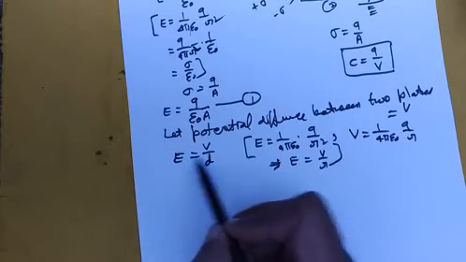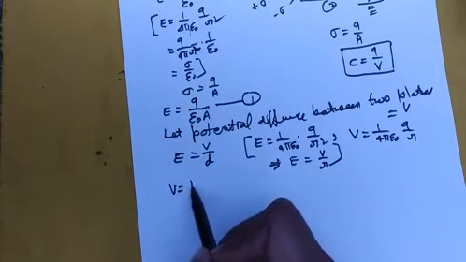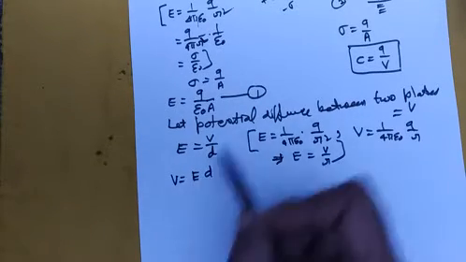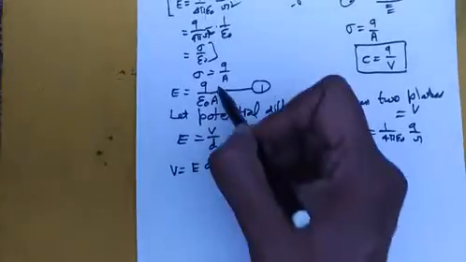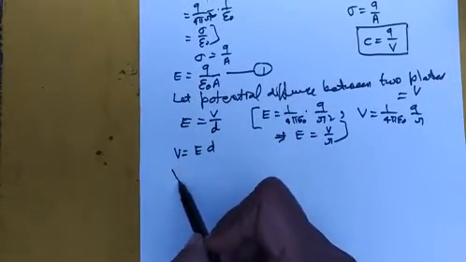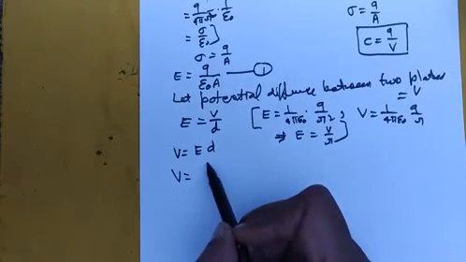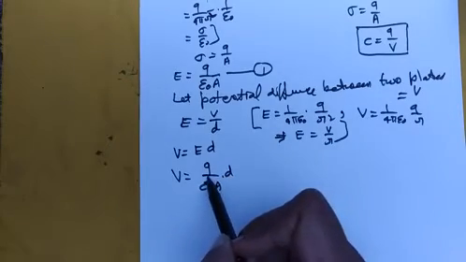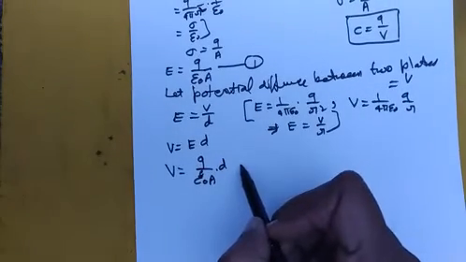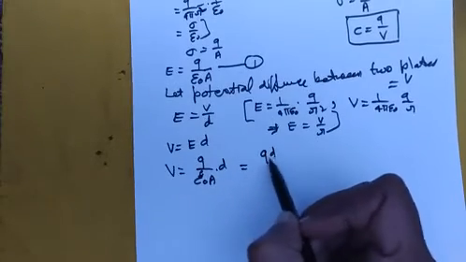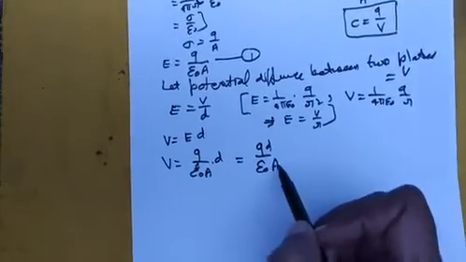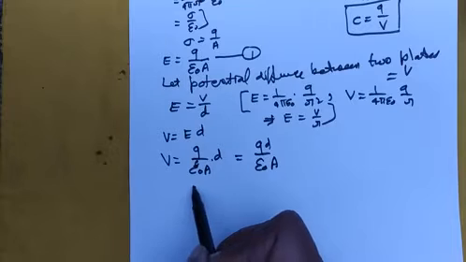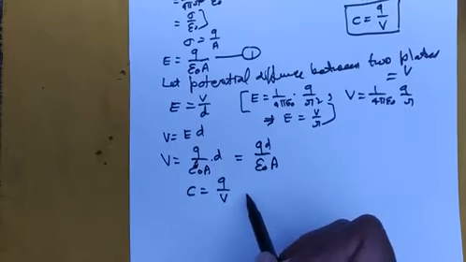Now, here V is equal to what? E into D. Okay. Now putting the value of E from here, V is equal to, in place of E, Q by epsilon naught A into D. Okay. So this will come Q D by epsilon naught A. We know already by definition C is equal to Q by V. Okay.